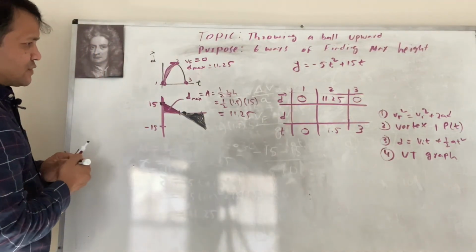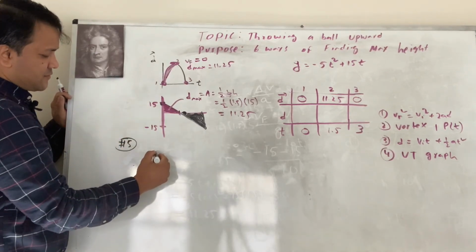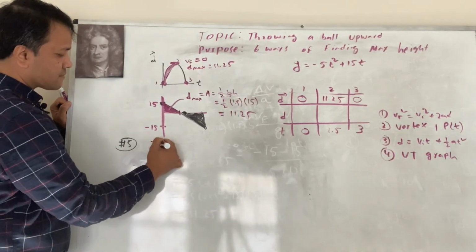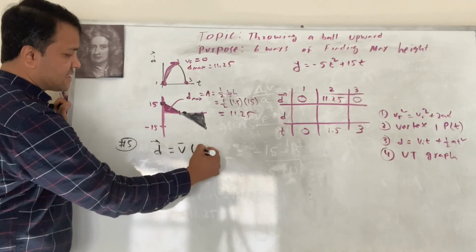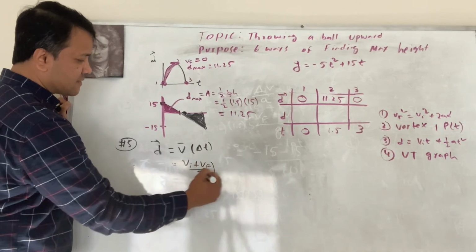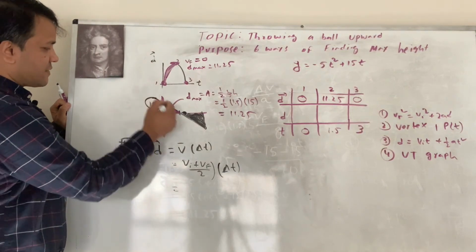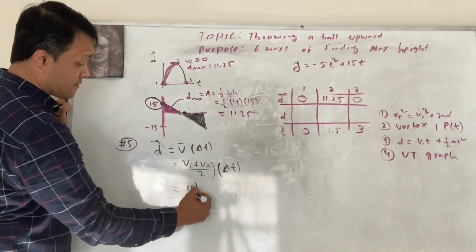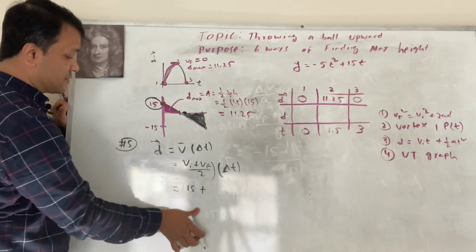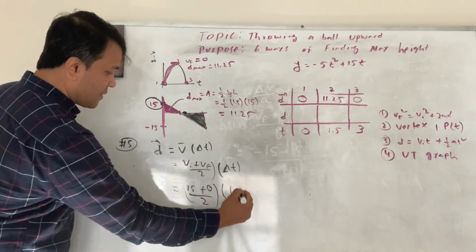Number 5, the fifth way. We're going to use the average velocity formula. Displacement is equal to average velocity times delta t. Average velocity is Vi plus Vf over 2, times delta t. So the Vi is 15 plus 0, over 2, times 1.5.